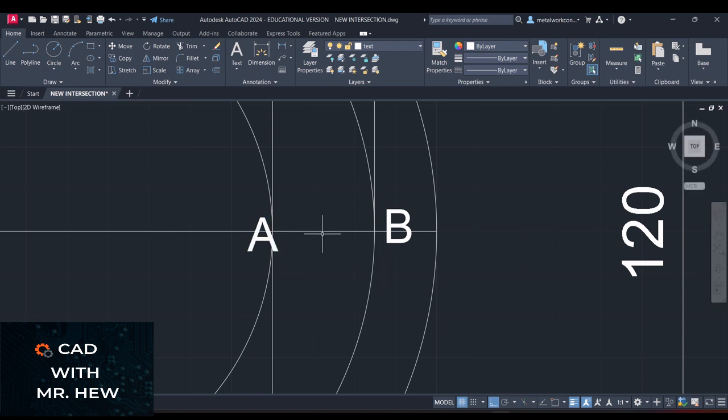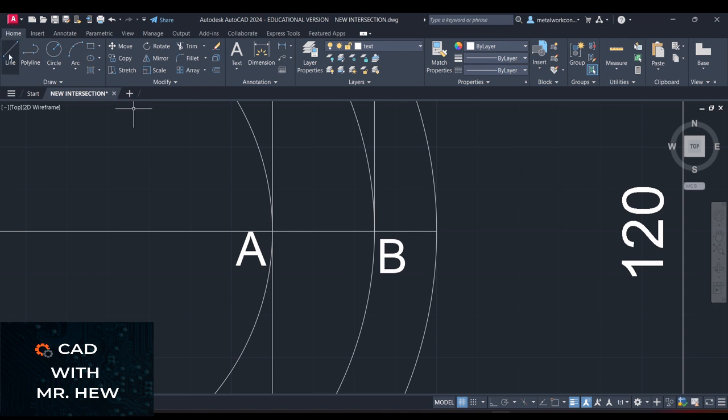So we're going to divide between A and B into three equal parts, all right? So A and B. B is at the intersection here, A is at the intersection here.